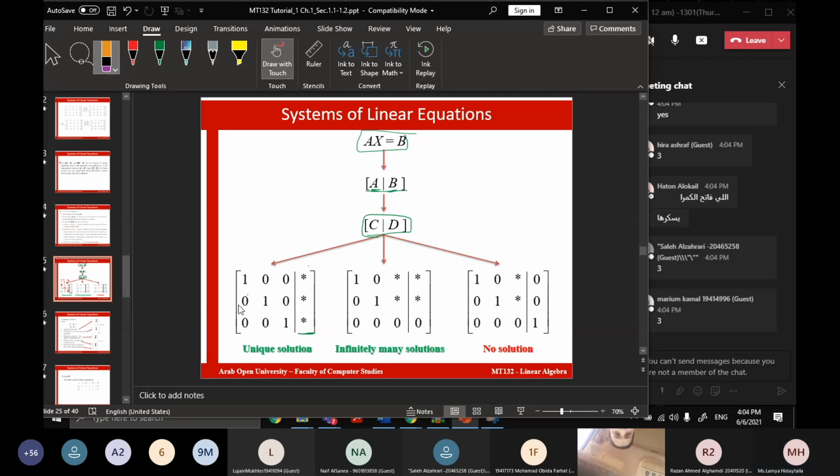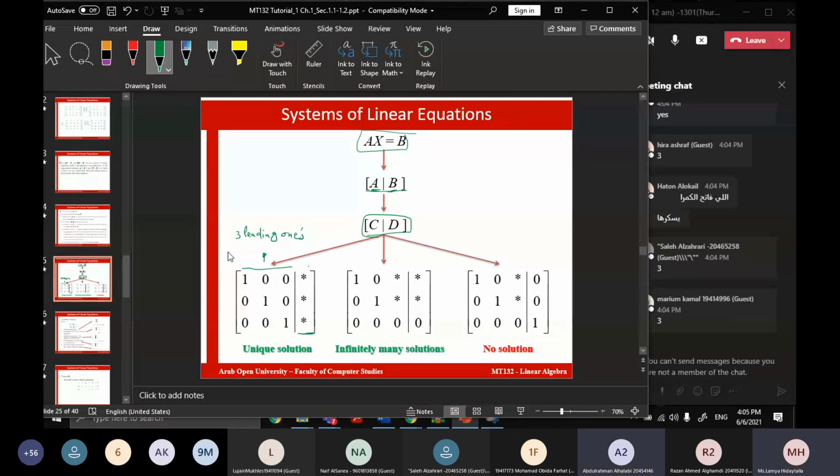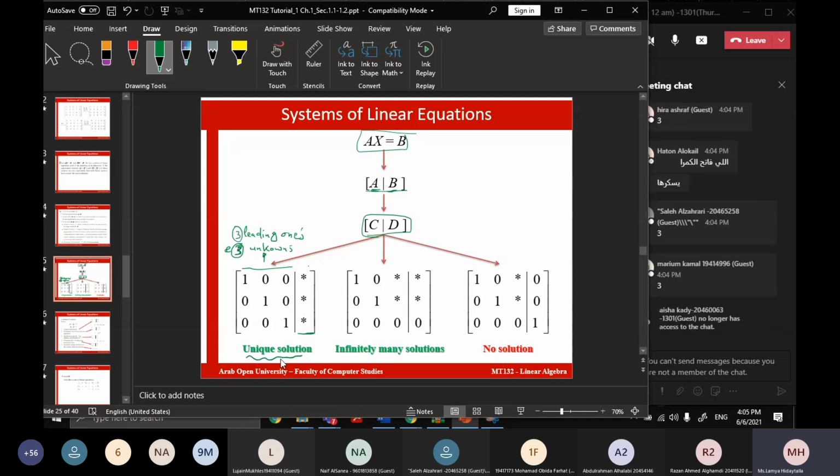Here we have 3 leading ones and 3 unknowns. When the number of leading ones equals the number of unknowns, you will get a unique solution.